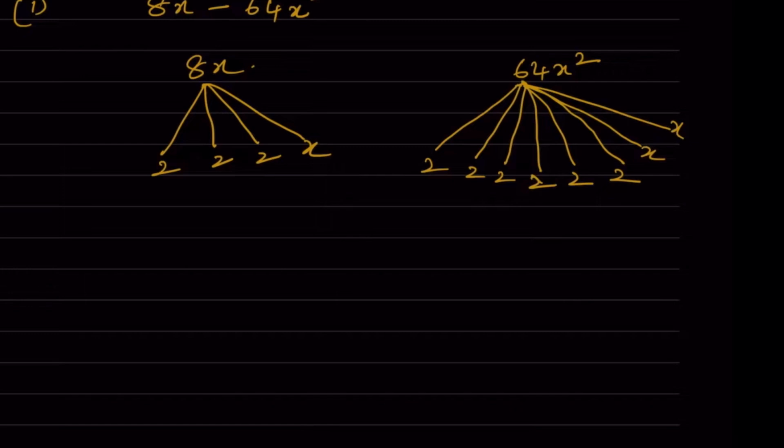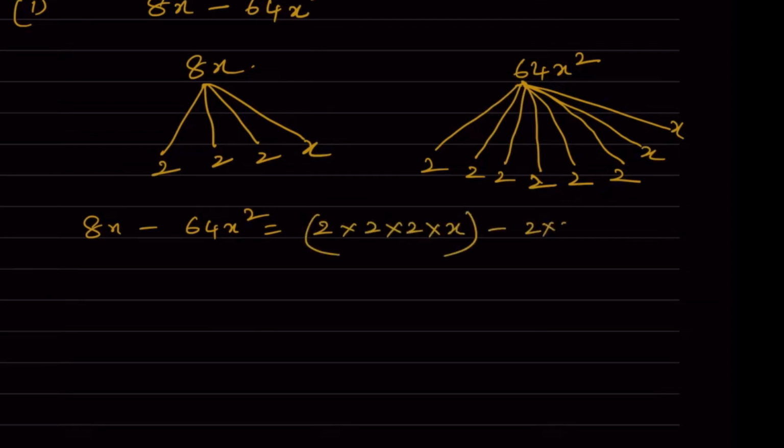So we have to take it all in this way. Now in this, how do you write? We'll write 8x minus 64x square as 2 into 2 into 2 into x minus 2 into 2 into 2 into 2 into 2 into 2, six times you are writing, into x into x. So now what is common in both of them?